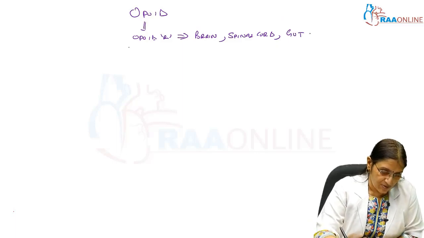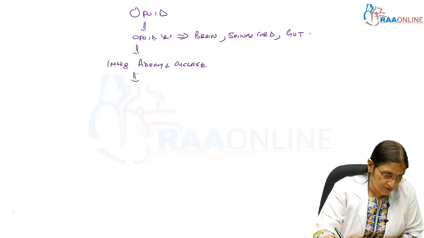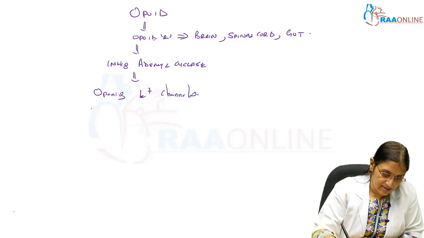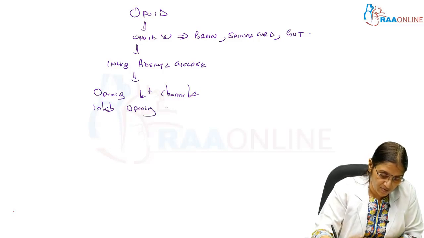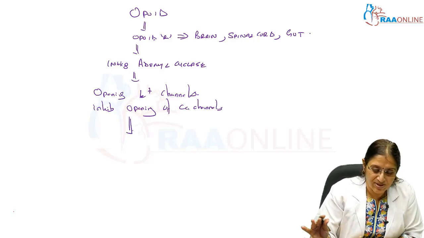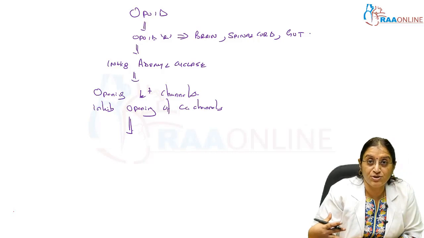This inhibits adenyl cyclase, and this causes opening of potassium channels, and it inhibits opening of calcium channels. So what does this do? Why do we look at all this? Because these are all involved in neuronal excitability.